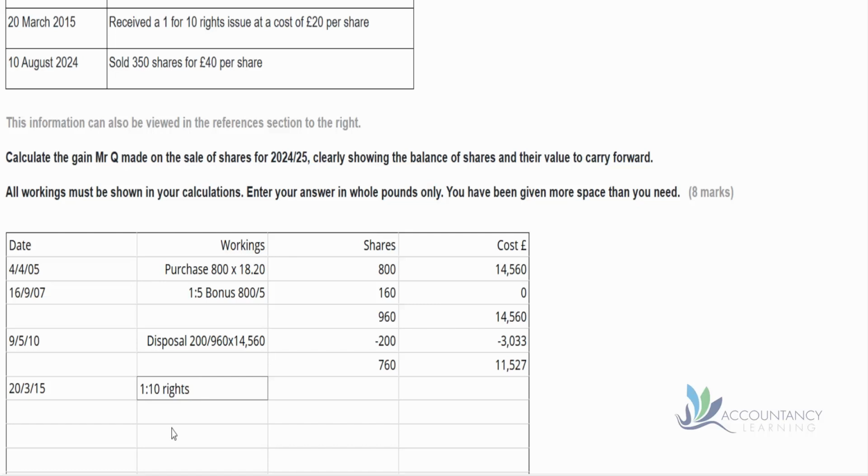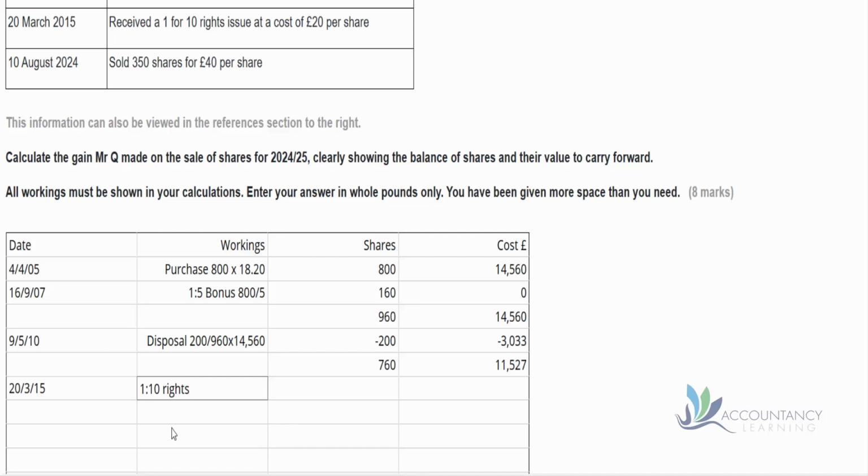Well, with a rights issue, we're now going to sell shares to our existing shareholders, again, based on how many shares they have at the moment. And typically a rights issue is sold for a figure that is less than the market value as an incentive to encourage the shareholders to buy those shares. So it's a good way for companies to raise finance.